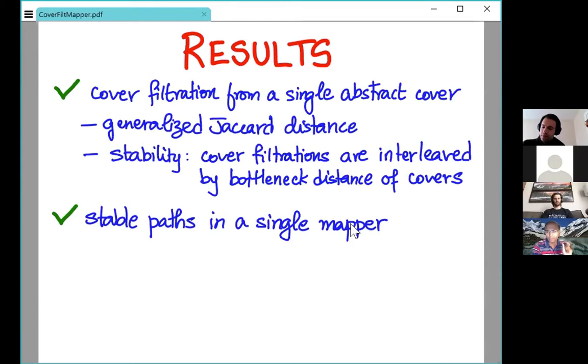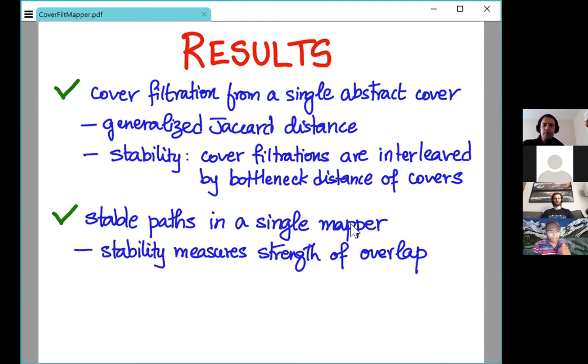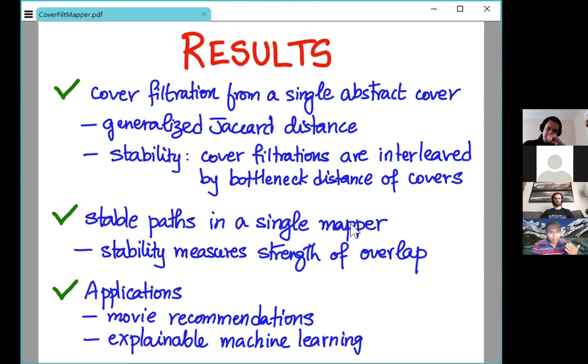That's more important for us here. And we look at a couple of applications. The applications here are not the main result or main goal of this work, but at the same time, they are quite interesting and we think quite valuable. So I will highlight 2 applications, one on movie recommendations and another on explainable machine learning.